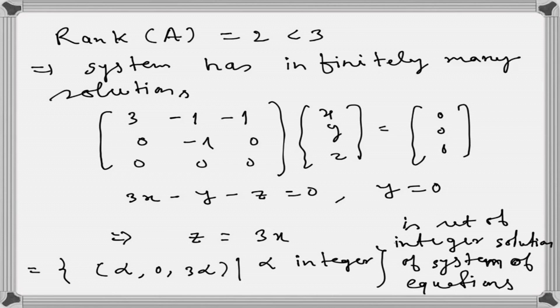Okay, so we need to find how many such solutions satisfy x square plus y square plus z square less than or equal to 100.